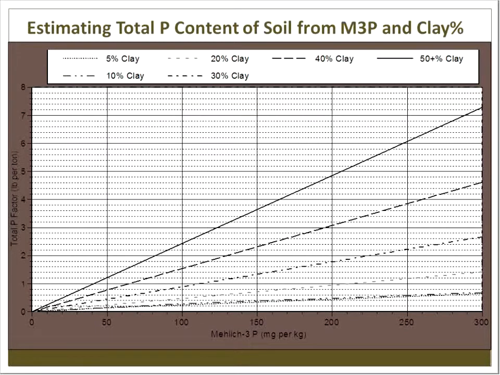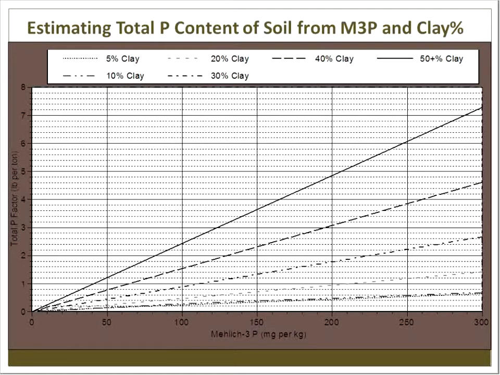So we could take this relationship that Dr. Cox built about the amount of phosphorus in a soil relative to Mehlich 3P, and we came up with this total P factor in pounds per ton.